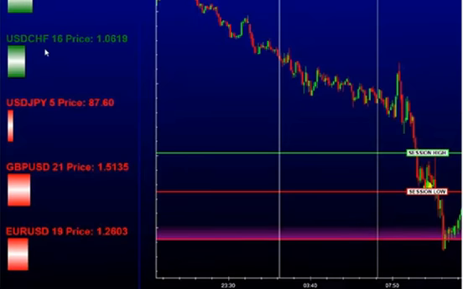Also, we have the US dollar Swiss franc. As you can see, the CAT is up 23 pips. US dollar Swiss franc is moving in the same direction and is up 16 pips. Now, because the pound and the euro are reversed, you can see the pound is first, the dollar second, the euro's first, the dollar second. They're in red.